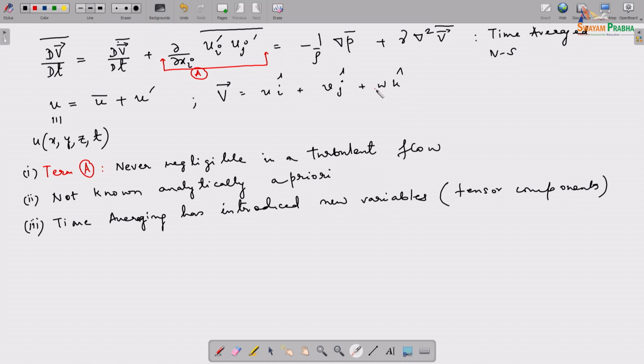If I incorporate that into this equation, I actually end up having tensor components of this new term that I've come up with, which is also when I'm just considering a single directional, unidirectional velocity. I'm not even considering v and w. This is only in the x direction.